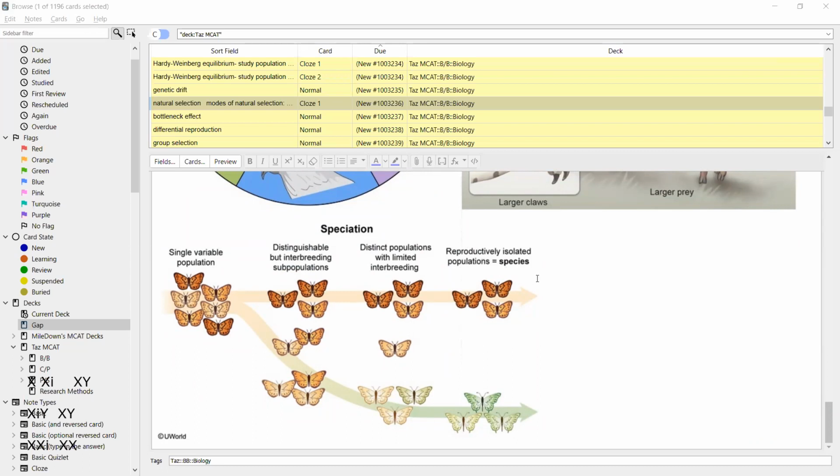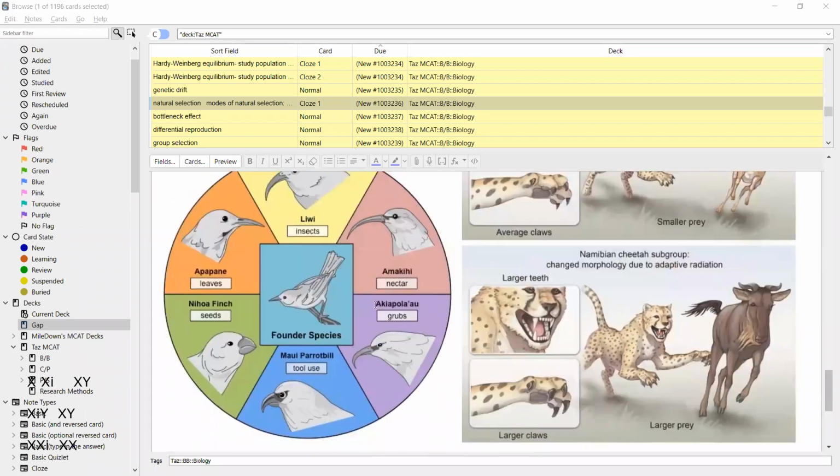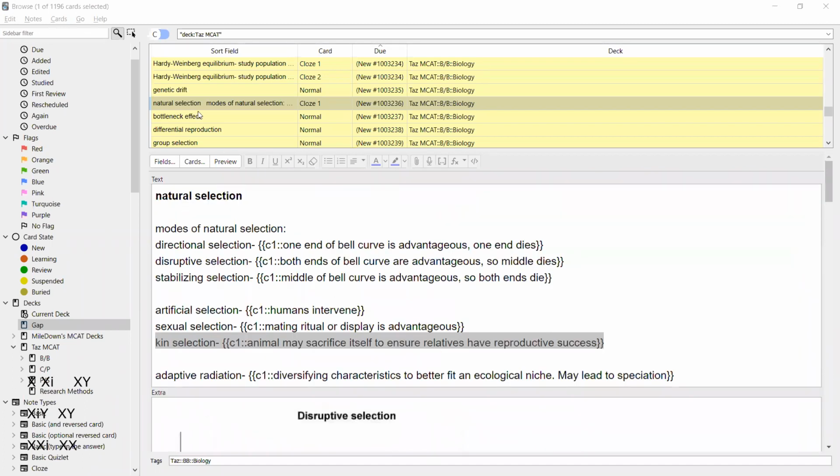If they cannot reproduce with each other and create a viable offspring, then they are separate species. And you can start from a common species and just by inbreeding constantly lead to totally unique and separate species. And so that's what they were saying, that this can eventually lead to different species being created.